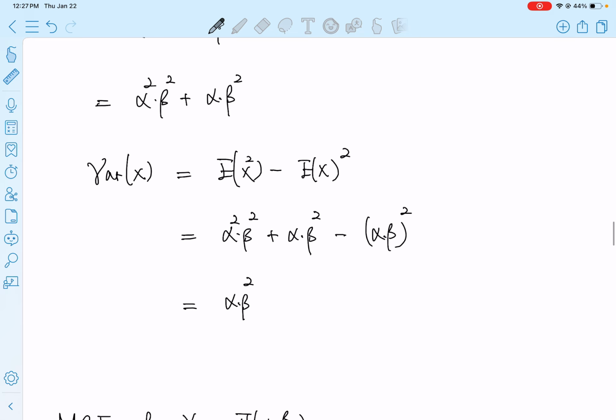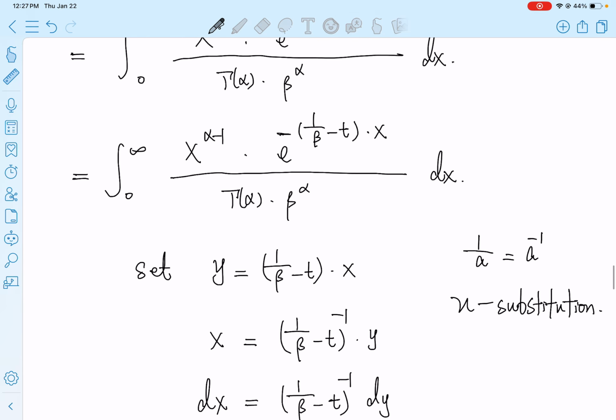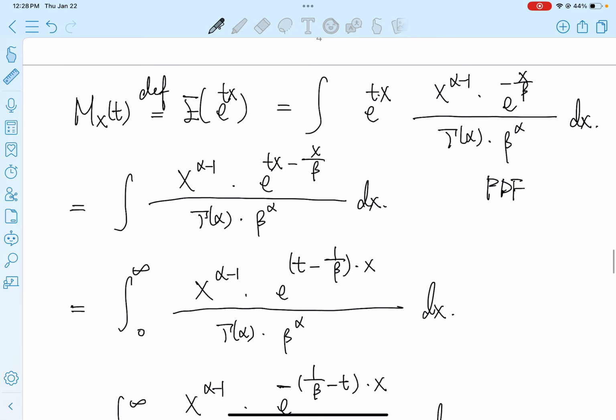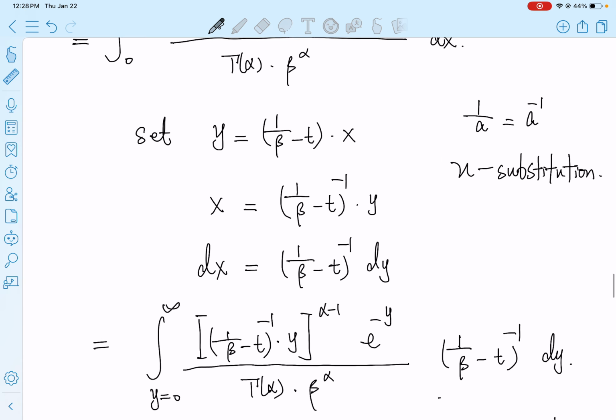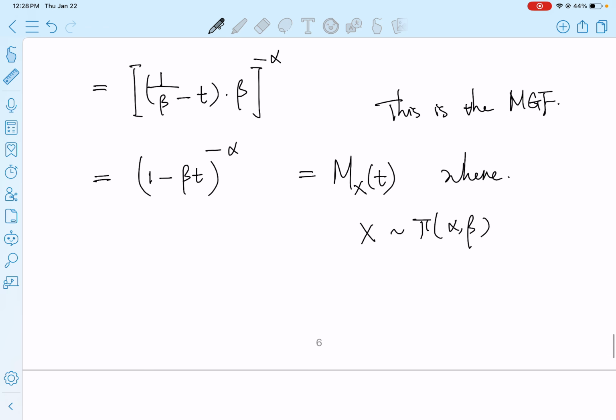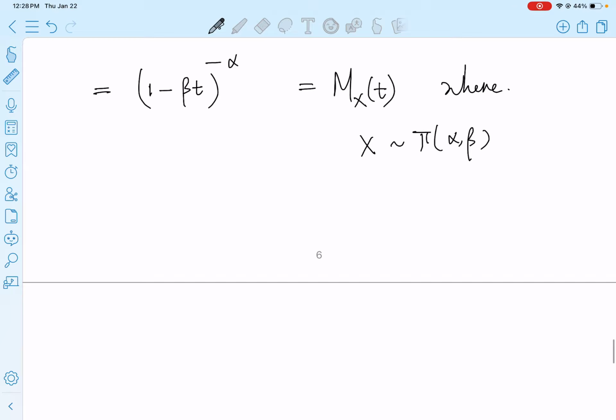And then here, what we're doing is using the definition of the moment generating function to get the formula of the moment generating function. And this is the formula. And now we can also use the moment generating function to calculate the expected value and the second moment.